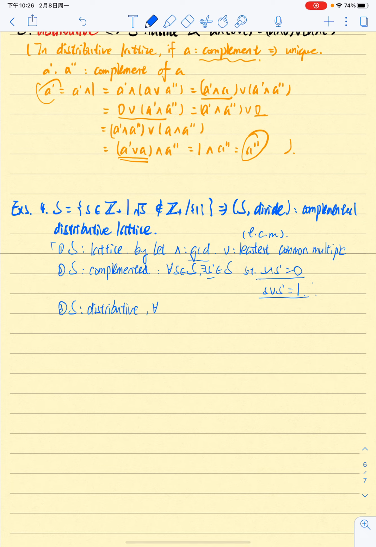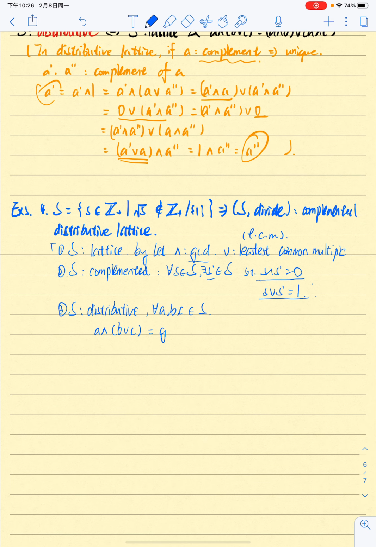For every element A, B, C, A and (B or C), this is GCD(A, LCM(B, C)). We rewrite by this form.